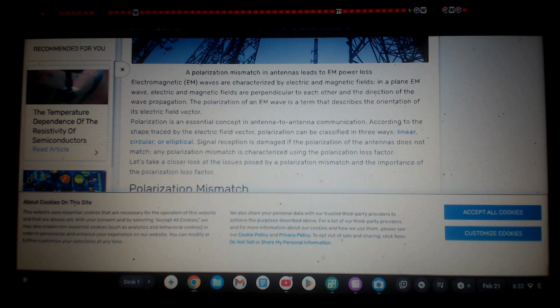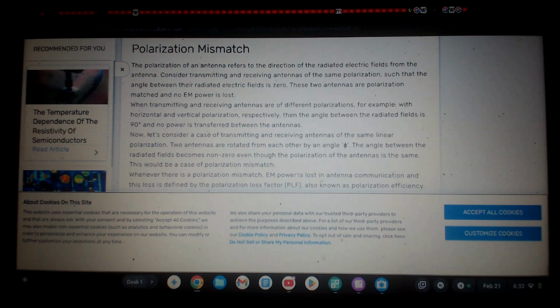Any polarization mismatch is characterized using the polarization loss factor. When transmitting and receiving antennas are of different polarizations, for example horizontal and vertical respectively, then the angle between the radiated fields is 90 degrees and no power is transferred between the antennas. Does that remind you of something?